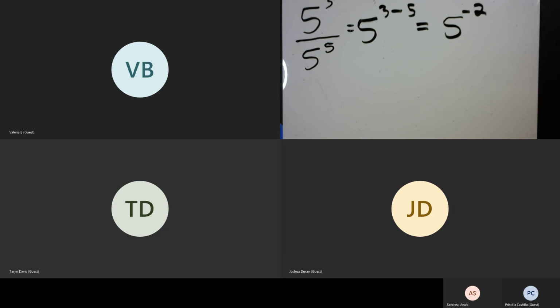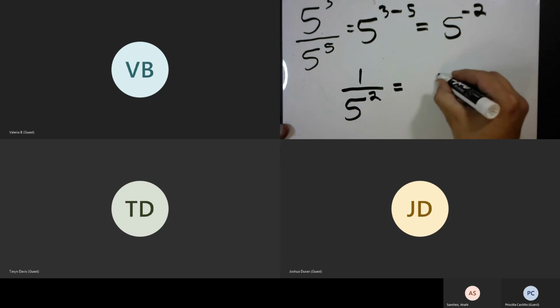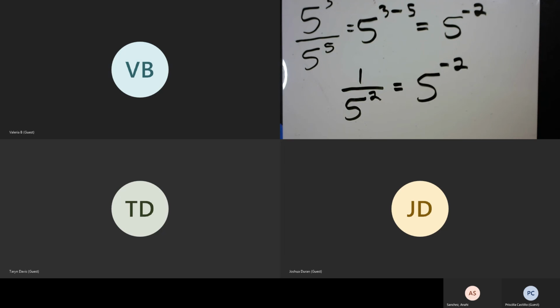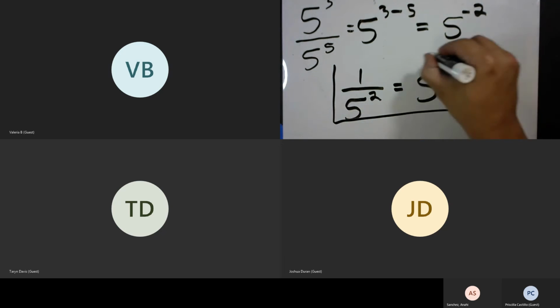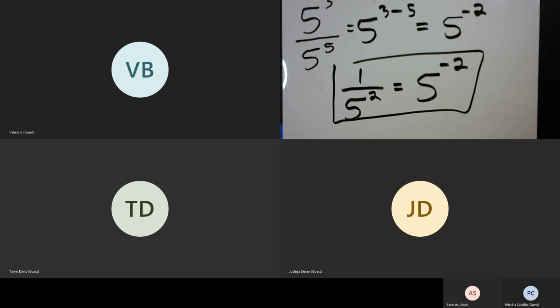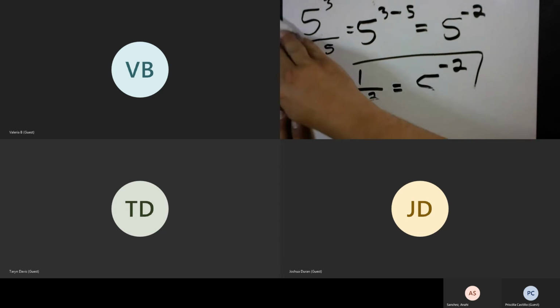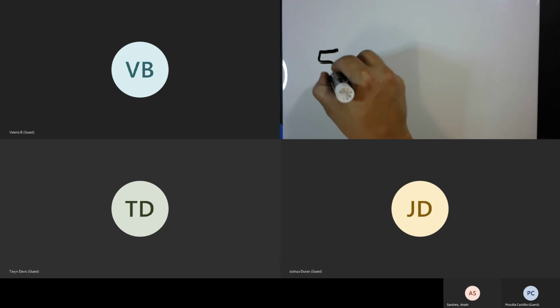So now again, we have two answers. The first answer we got was 1 over 5 squared, and this is equal to 5 to the negative 2. And so this is how we handle what are called negative exponents. So just to maybe write that a little bit differently, it's a little clearer.